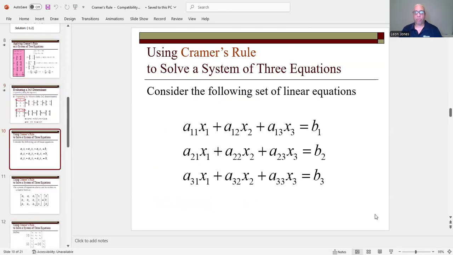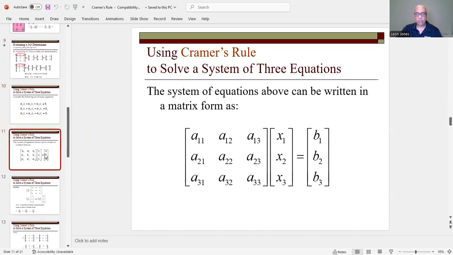Using Cramer's rule to solve a system of 3 equations. This is the formula right here. Same thing as the coefficient matrix. Now you have 3 matrices right here. Coefficient, you have your vector, and here is your third type of matrix.